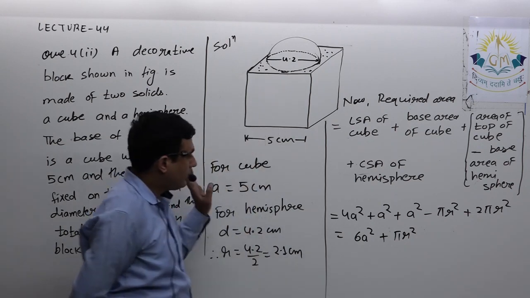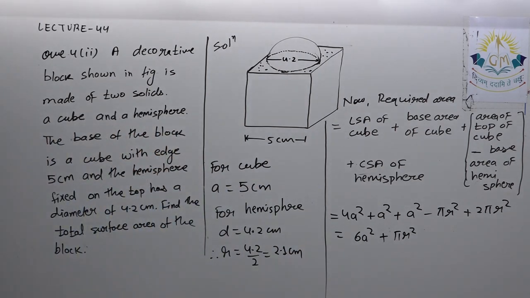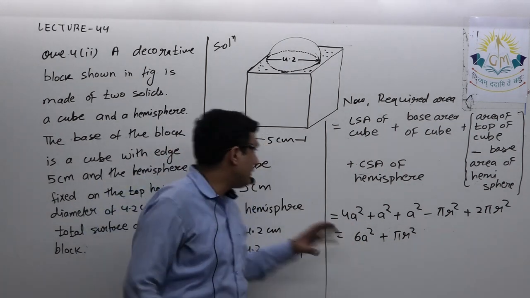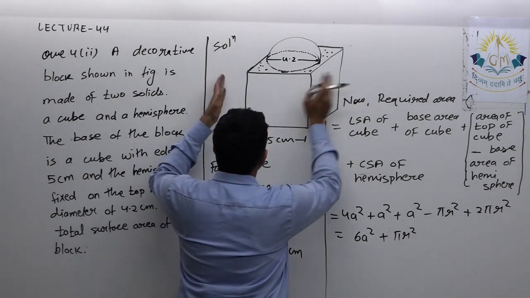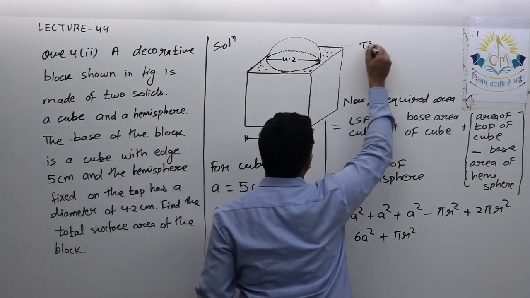Okay, so try to understand this once again, then I will give you the further solution. See, one more thing is there. There is one more way to get this. Suppose I am not taking LSA and base area. I took total surface area of the cube.